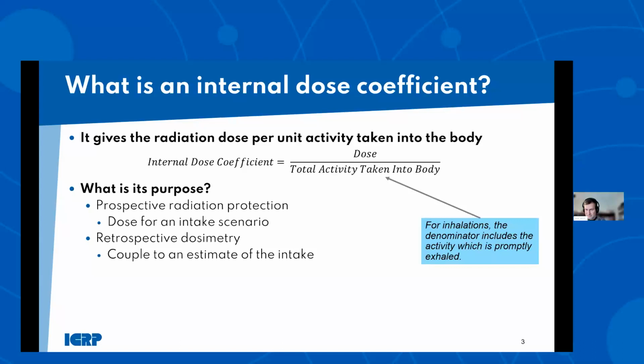In retrospective dosimetry, the operational dosimetrist determines an estimate of an intake, perhaps based on bioassay data, and similarly couples that to the dose coefficient to determine the reference person's dose had it had the same intake as the worker.